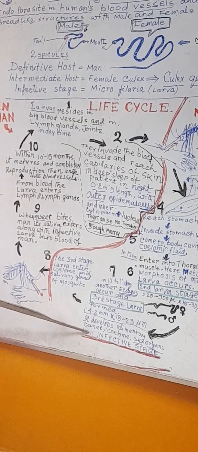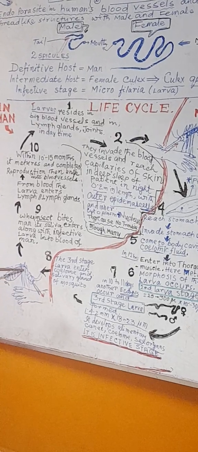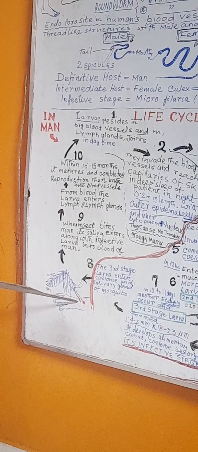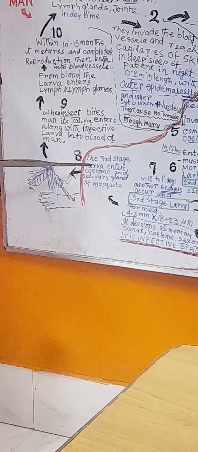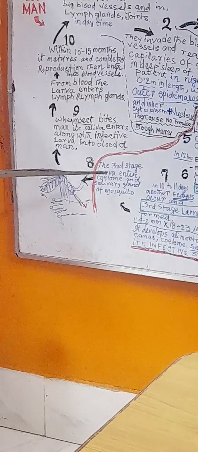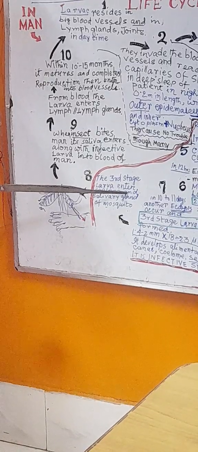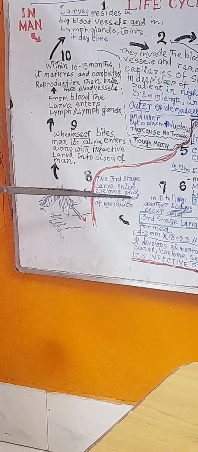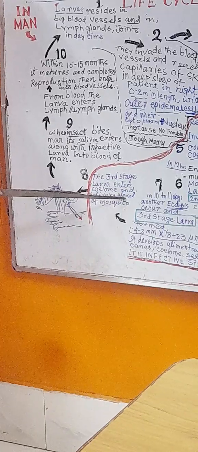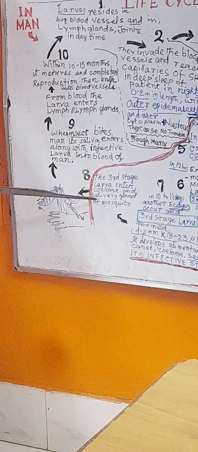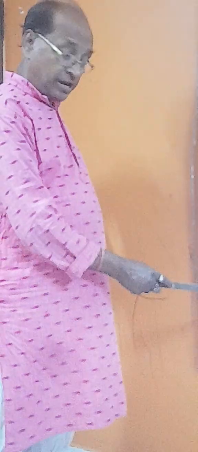From this infective stage, they remain within the body, ready for infecting new patients. The third stage larva enters the coelom of the insect's body, and then goes to the salivary gland of the mosquito, where it rests for infection.